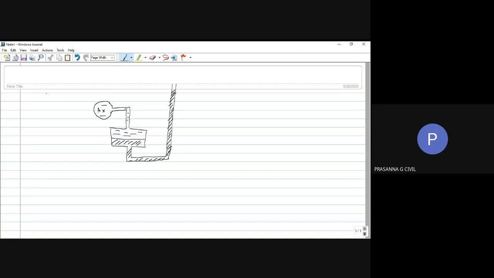So what he has given in the question is, from the point A, the fluid head is 20 centimeter, and from the same level, the head of mercury in the right limb is 40 centimeter. We just have to write a balancing equation and solve.